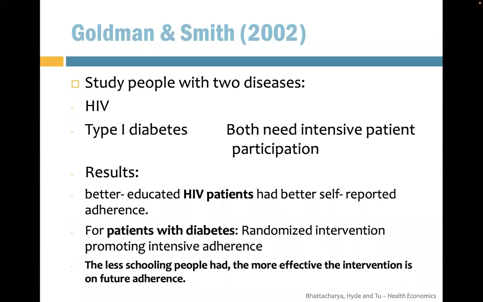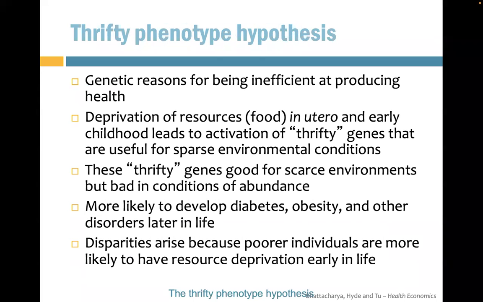Okay, so that is the first theory. Let's look at the next one. The next one is called the Thrifty phenotype hypothesis. This one is less of a health economics theory. It's more of a biological, genetic reason. This hypothesis thinks that there is a genetic reason for being inefficient at producing health.